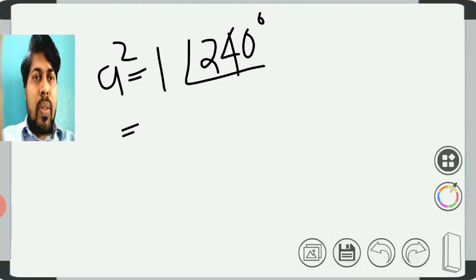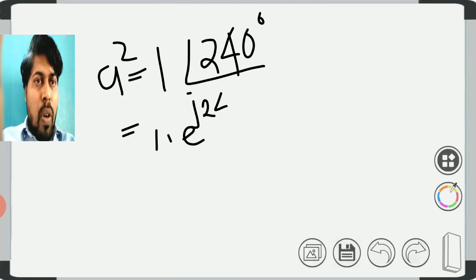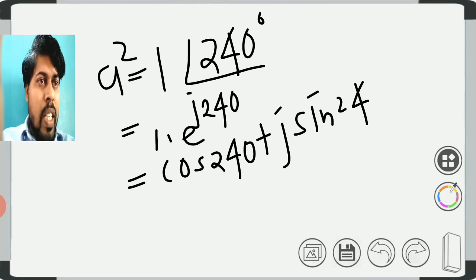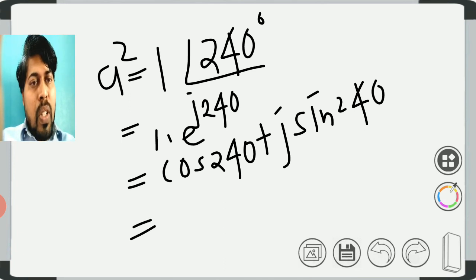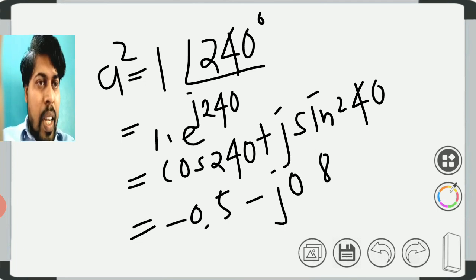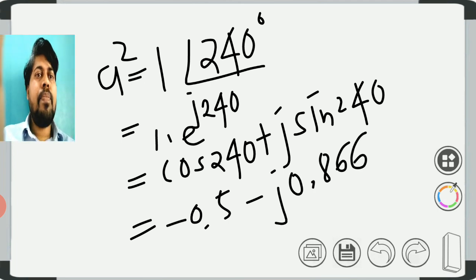Further, it can be written as 1 dot e raised to j of 240 degrees. It can be expressed as cos 240 degrees plus j sine 240 degrees, which is minus 0.5 minus j 0.866.